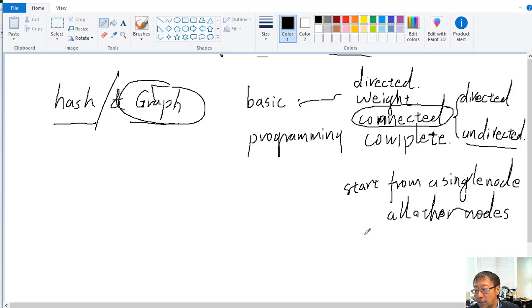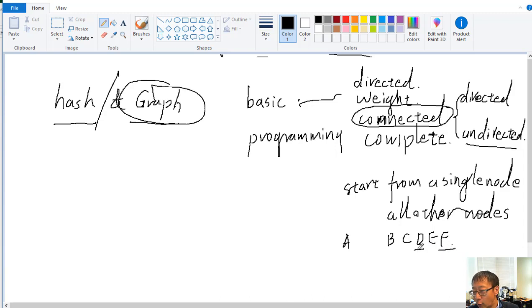Why? Let's say you select A, and you figure out that if I start from A, I can go to B, C, D, E, F. These are all the nodes in the graph. Then I basically can start from any node to get to any other node. Why? If you have a path from A to B, C, D, E, F, and since it's an undirected graph, you can similarly go from B, C, D, F back to A. So now if we say, can you find a path from D to F?